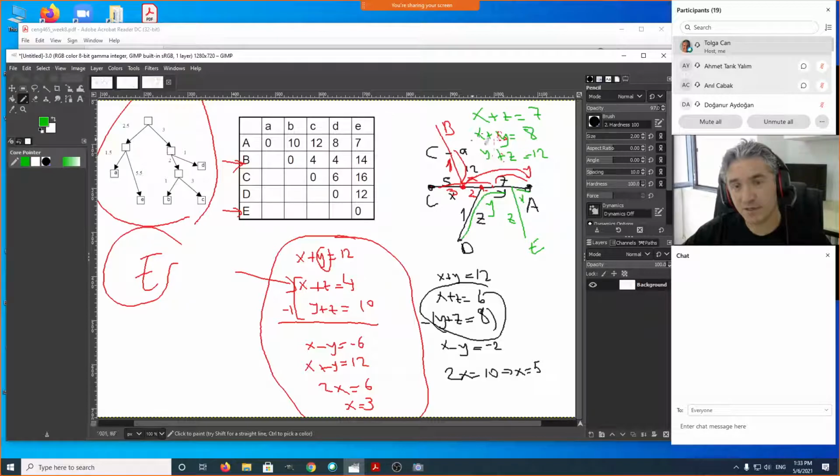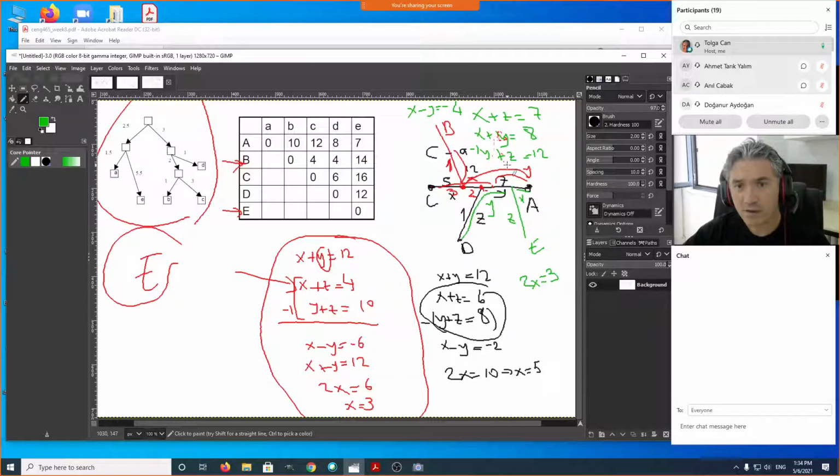Again, if you subtract these from each other, X minus Y is going to be minus 4.